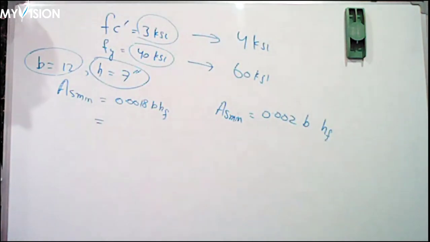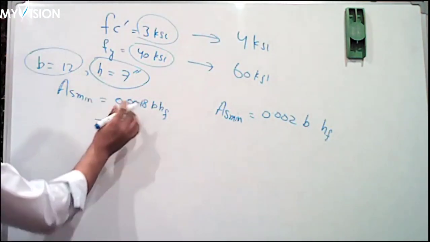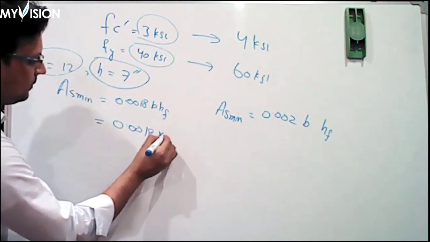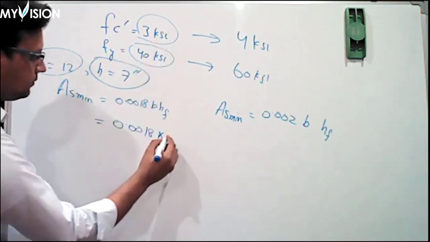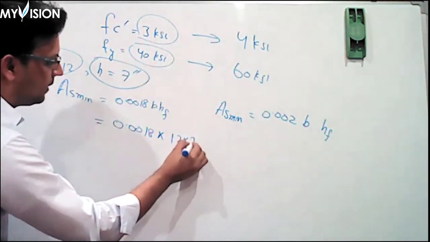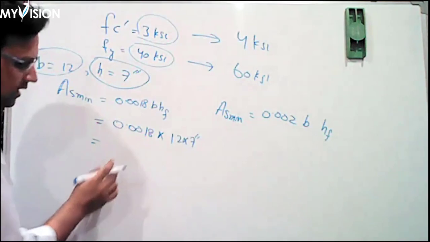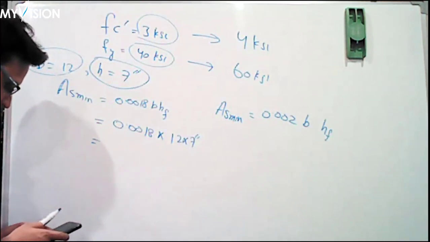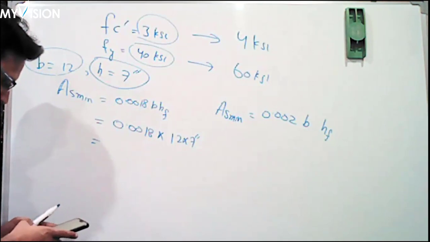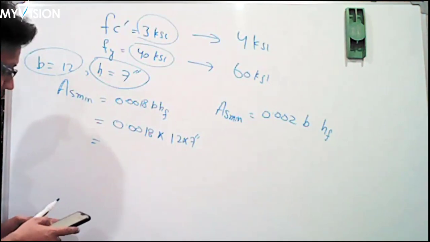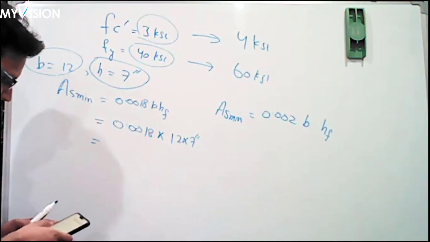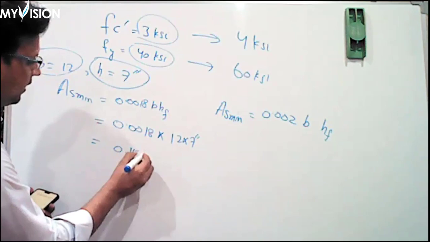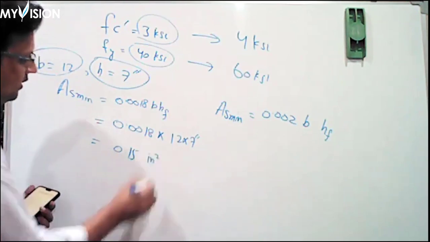Clear, Mr. Dragon? So if I want to calculate this one, 0.0018 multiplied by 12 multiplied by 7 inches gives me the answer, 0.15 inch square.